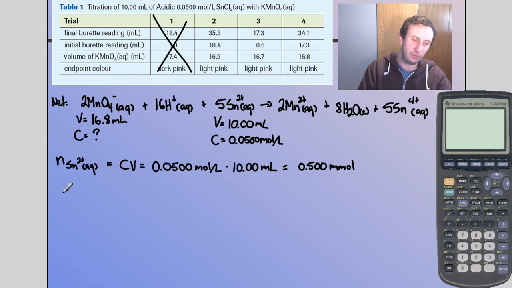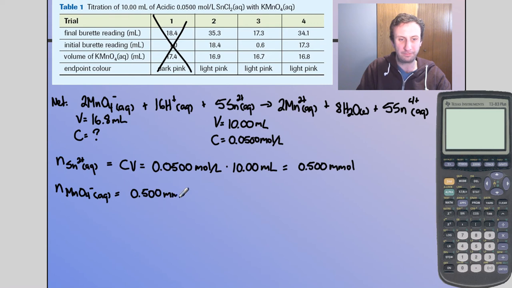And then for moles of permanganate, I'm going to use my molar ratio in order to figure out how many moles of permanganate I have. And that just comes directly from my coefficients. So I know that I have 0.500 millimoles of Sn2+ aqueous.